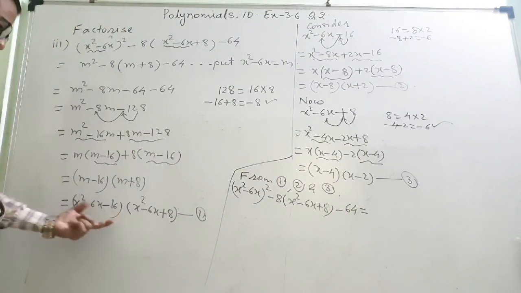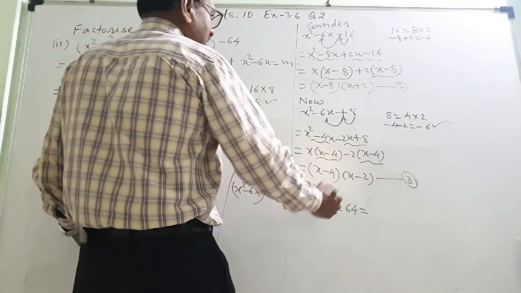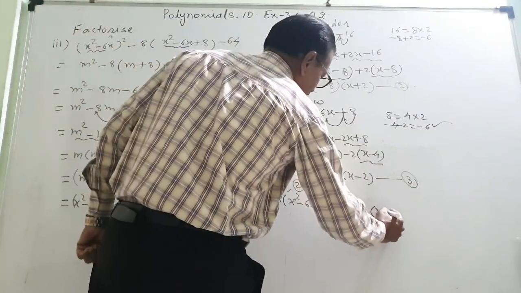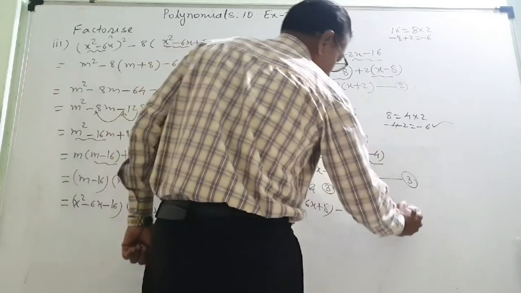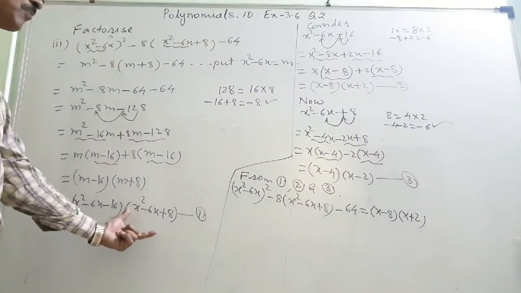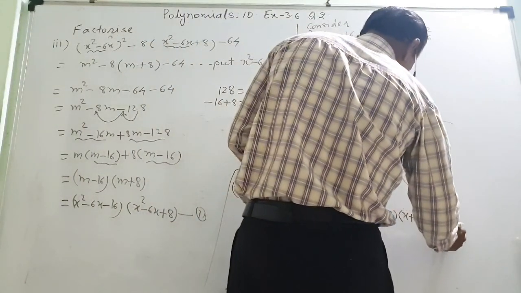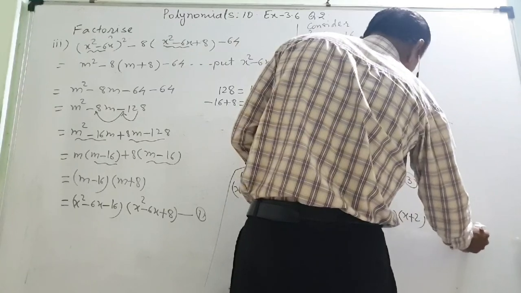These two are the factors of this, further these are the factors. So this I will write as x minus 8, x plus 2. And now for this, these are the factors: x minus 4 and x minus 2.